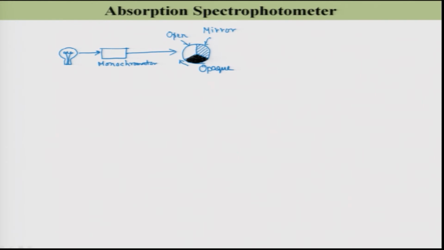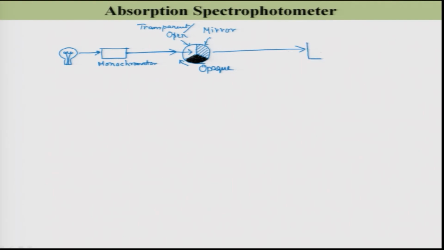And so, as you understand, whenever this incoming beam falls on this transparent or open part, it will pass through, that is it.